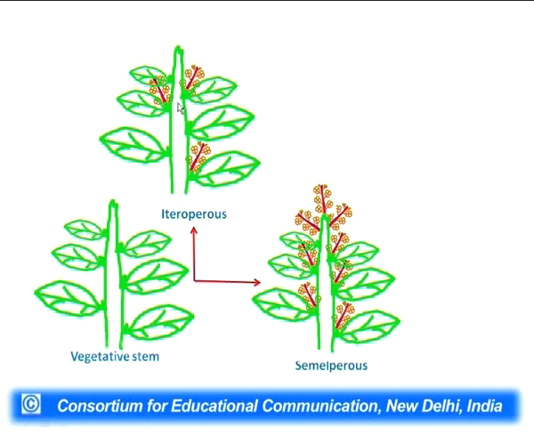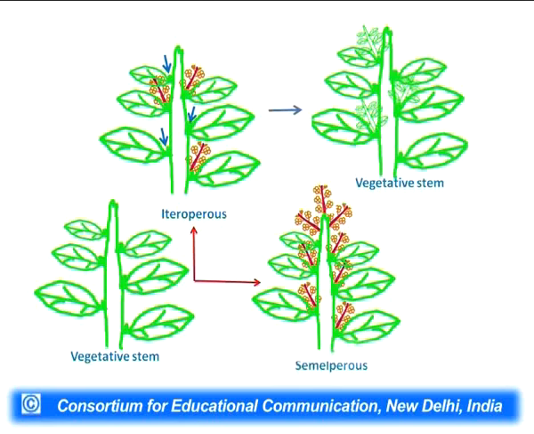There, out of maybe 10, only 3 or 4 give rise to inflorescences, and the rest are kept for growing vegetatively. So, if flowering is completed, the buds which were not used earlier for making inflorescences will grow vegetatively.